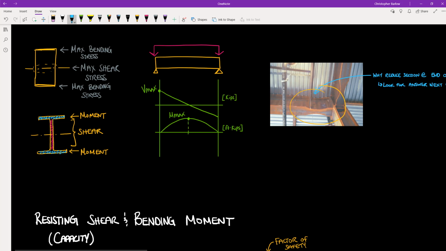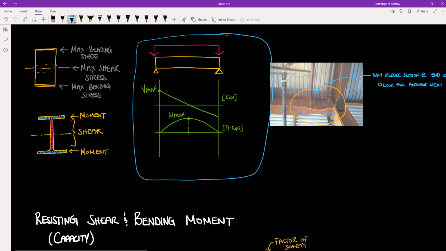And if we look at our shear and moment diagram for a simply supported beam with a uniformly distributed load, recall that we calculated maximum shear at the supports and zero internal shear at the midspan. Conversely, we calculated a maximum internal bending force at midspan and zero bending force at the supports.